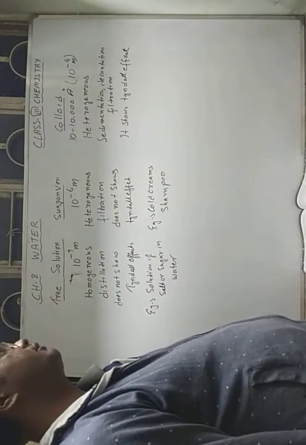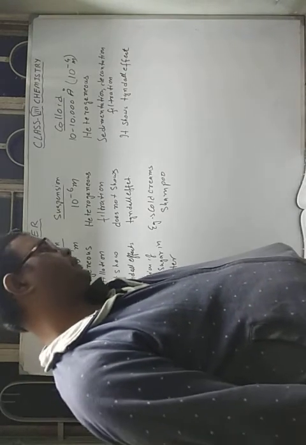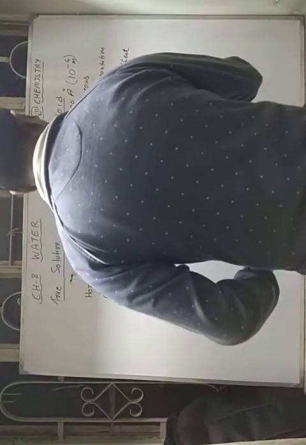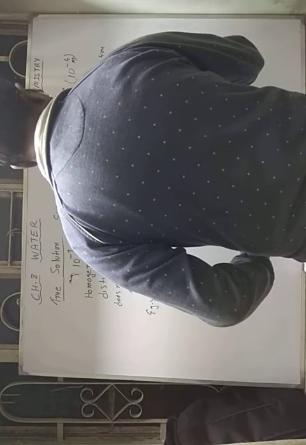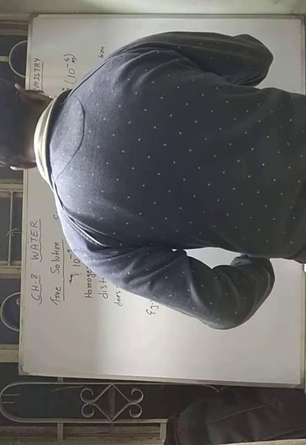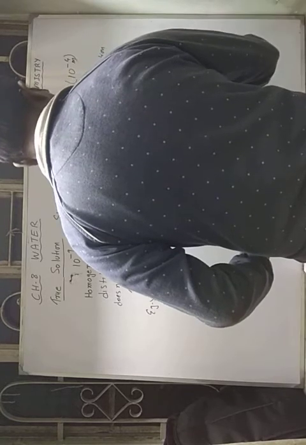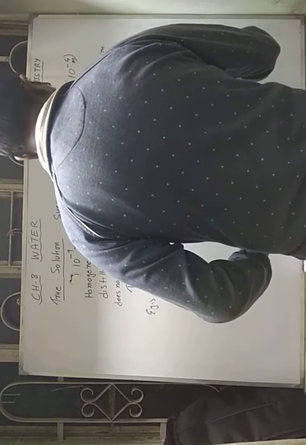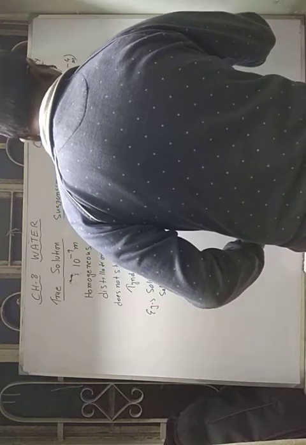Next is the colloidal solution. In these types of solution, particle sizes are very much bigger. For example, a mixture of sand and water, mud and water, chalk powder and water, etc. So there are so many examples of colloidal solution also.